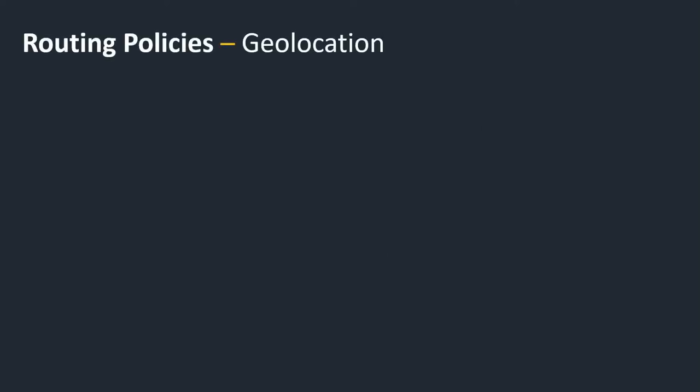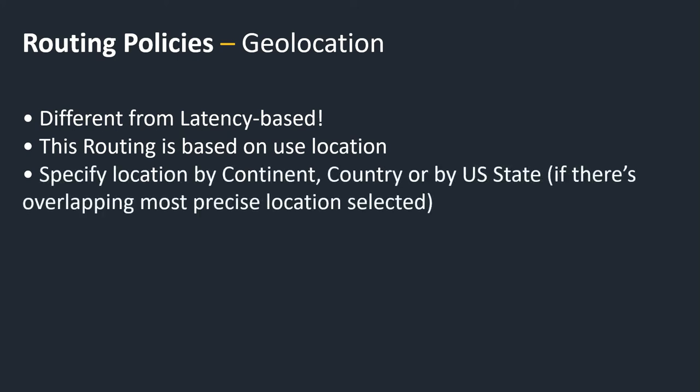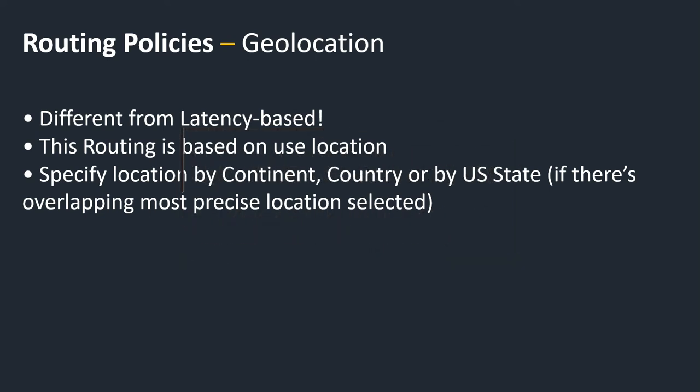Now, let's talk about the geolocation routing policy, which is very different from latency based. This is based on where the user is actually located. So for example, you can say if a user comes from a specific continent or a country, or even more precise, a US state, and the most precise location is going to be selected first, then routed to this IP.